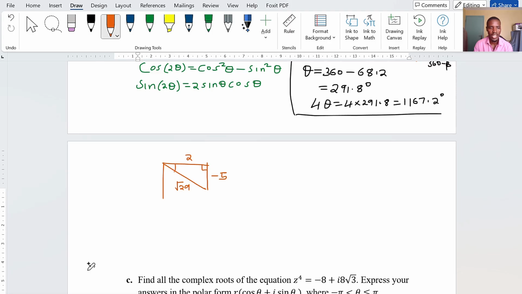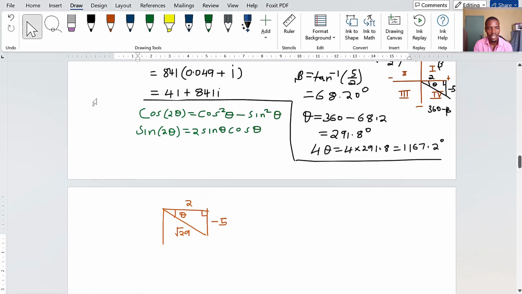And then our theta is here. So let's find cos theta. So using this trigonometric identity, if we have 4 theta, then you simply power this by 4. I think I need to make sure this is right.